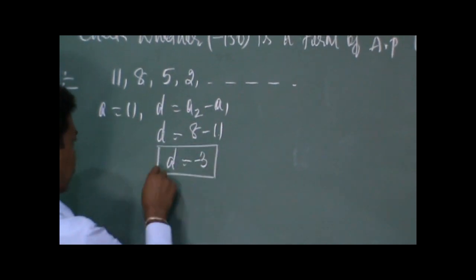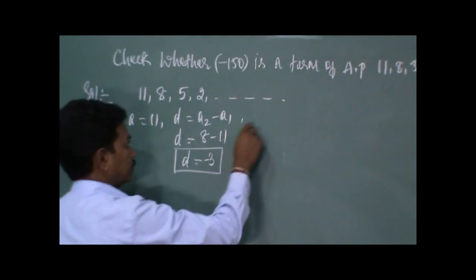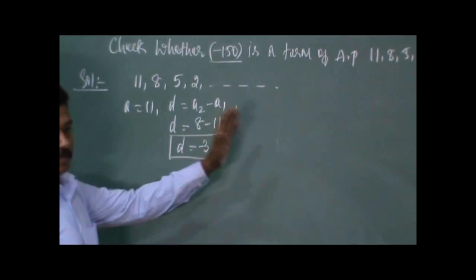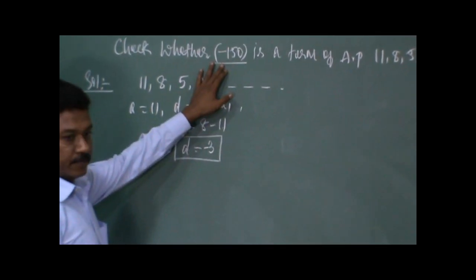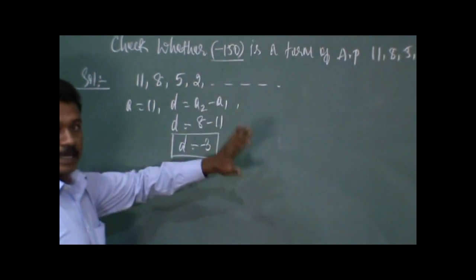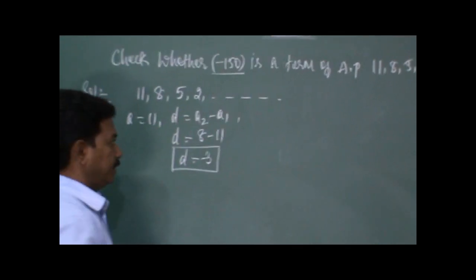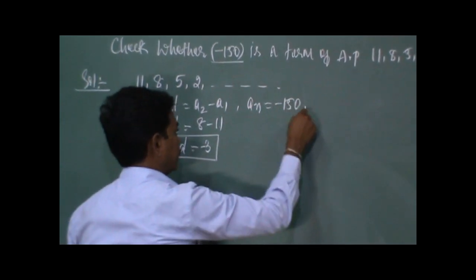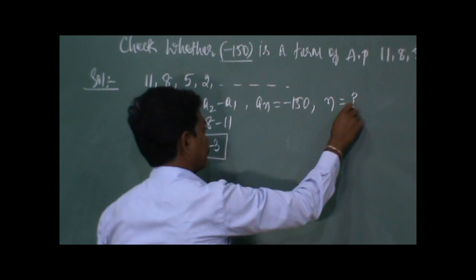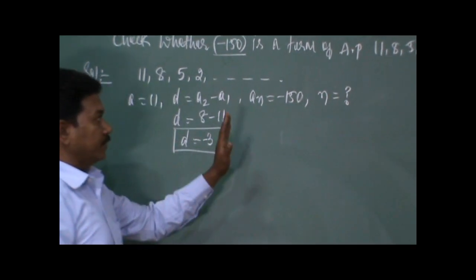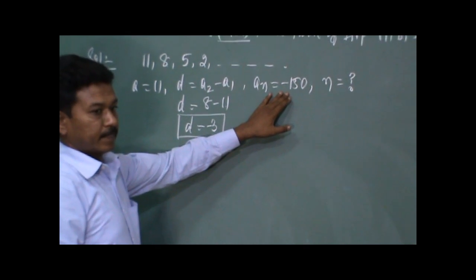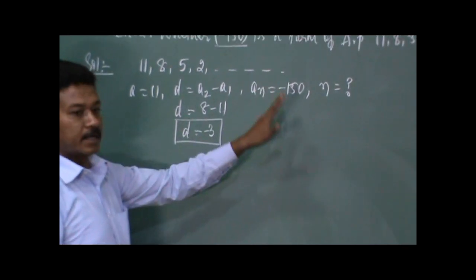Which term is asked to find out whether it is a term or not? It is minus 150. Consider this minus 150 as the nth term of the AP. So a_n is equal to minus 150. So n is equal to how much? The value of n decides whether this term is part of the AP or not.